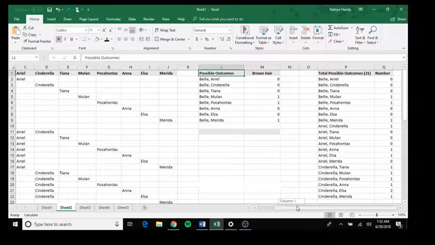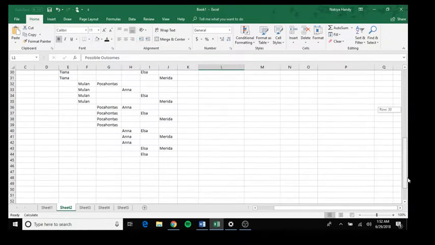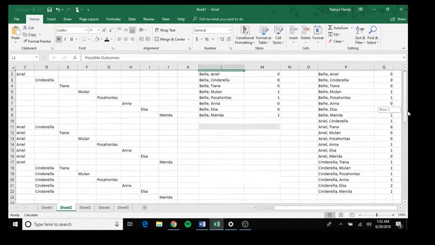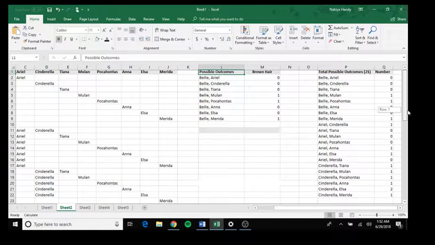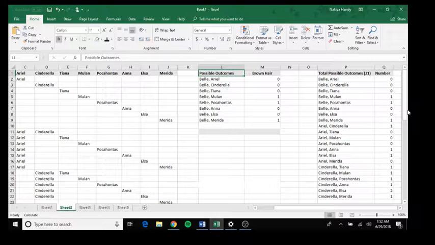So for the total possible outcomes, I furthered it and decided to go up until down to Cinderella to see how far we could get with the possible outcomes. And we only have, as it's shown, one outcome that has up to 2, and that's Cinderella and Elsa.